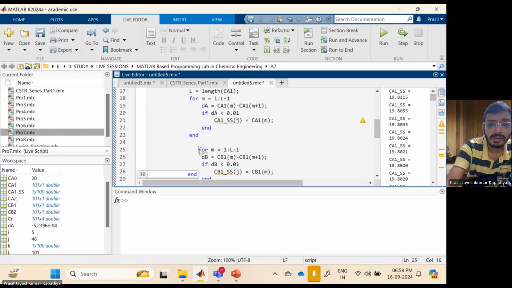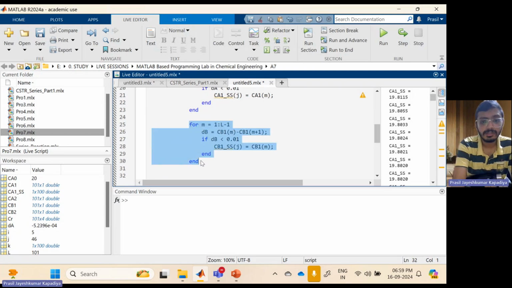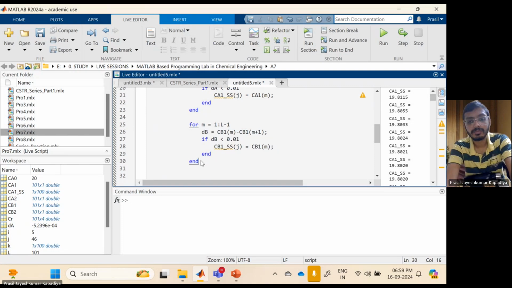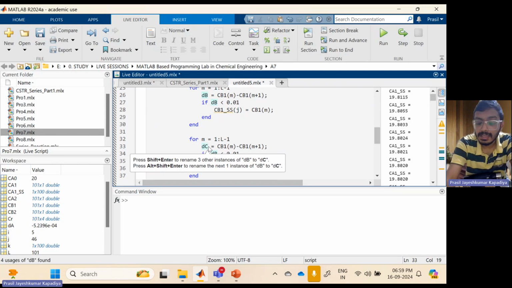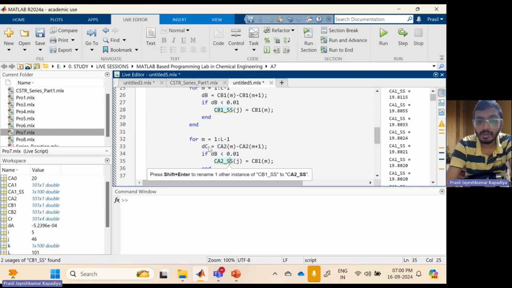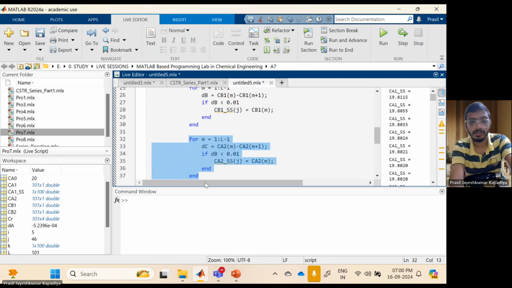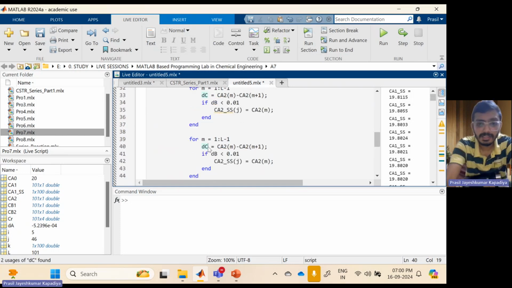Here, then similarly for the third. So CC1, CA2, and my last is CB2.